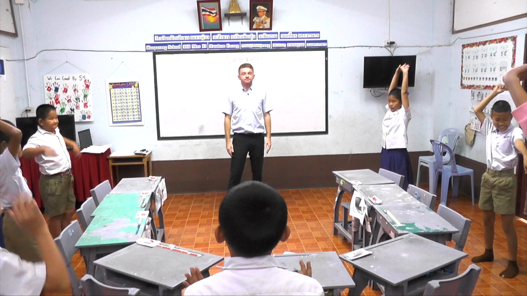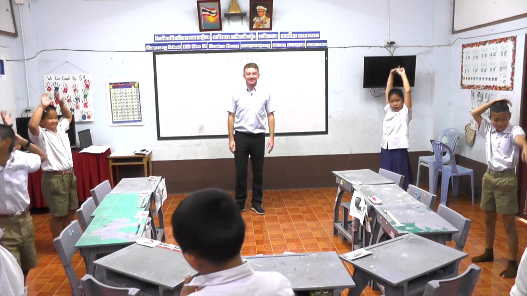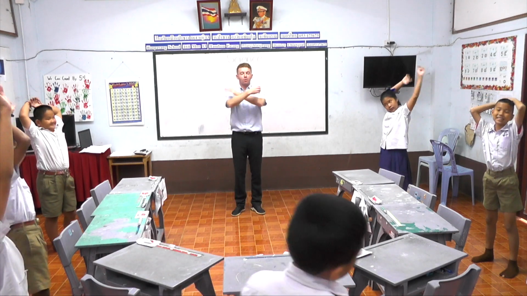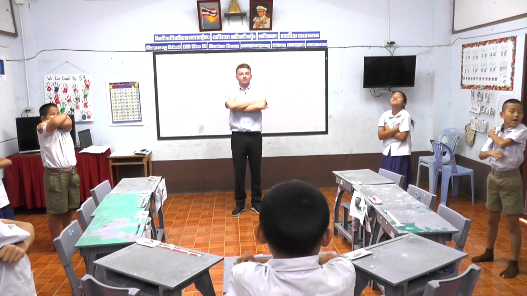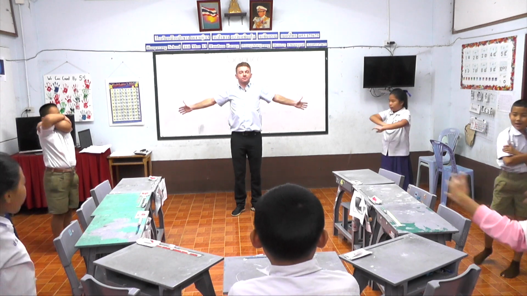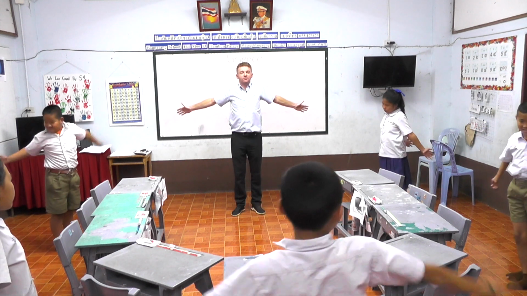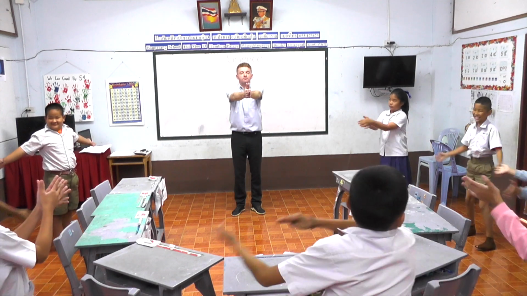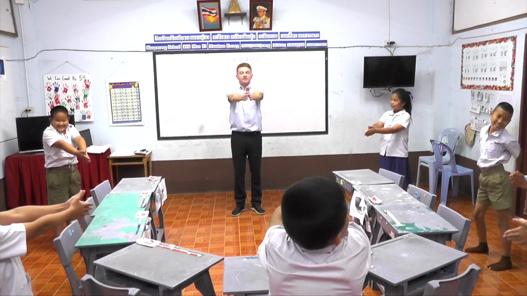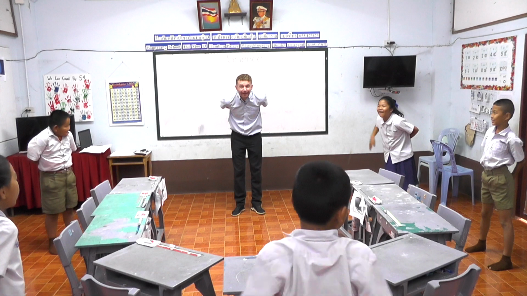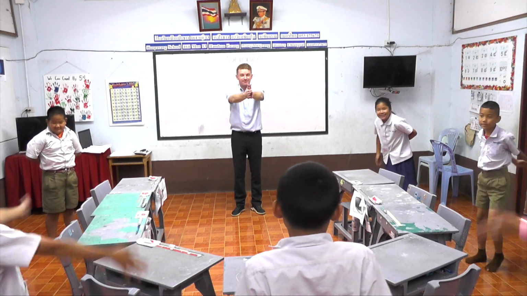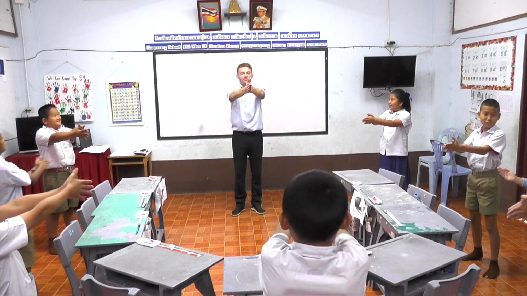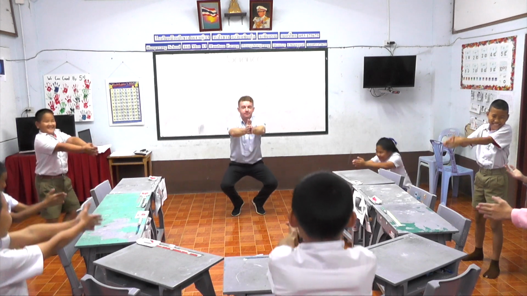Arms down. Teacher says, cross your arms. Teacher says, stretch your arms. Teacher says, clap to the front. Teacher says, clap to the back. Teacher says, clap to the front. Teacher says, bend your legs.